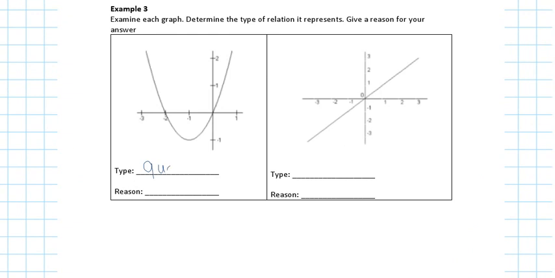We know the type is quadratic, and the reason is because it's a parabola shape. And the second one, it's linear, and we know that because it's a straight line. Okay, so I'm going to leave you to do the two tables.